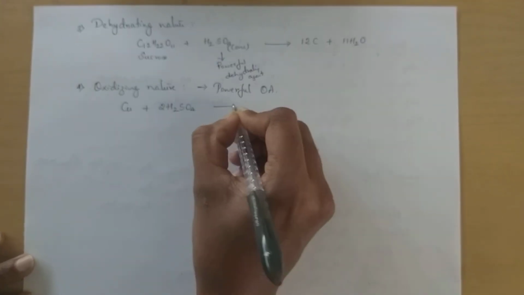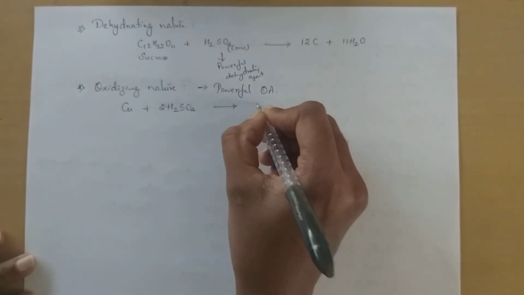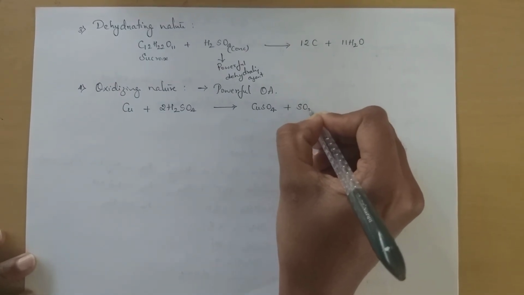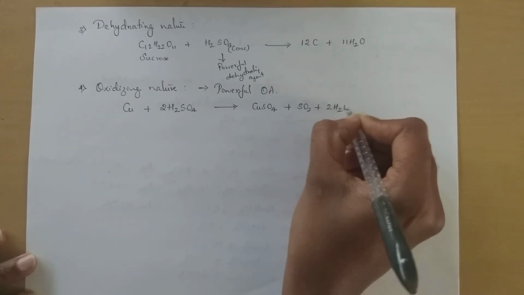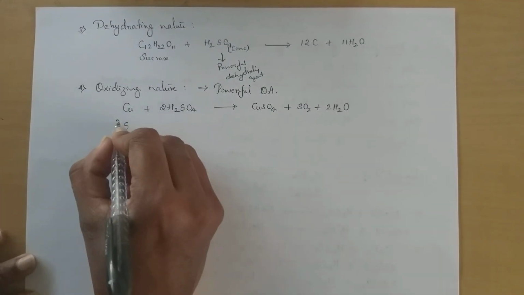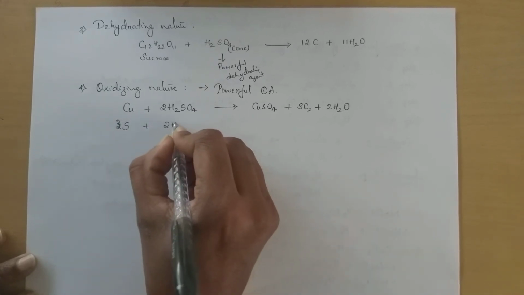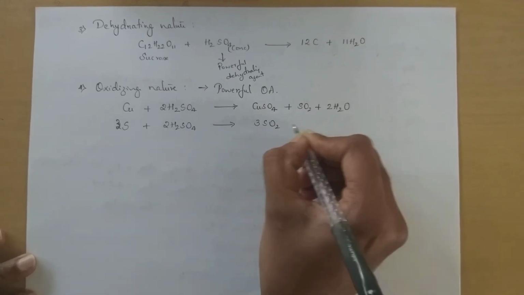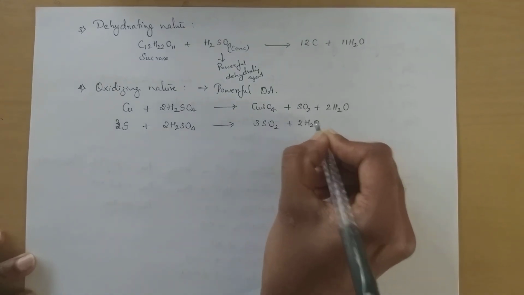Copper gets oxidized in the presence of H2SO4 to form copper sulfate, sulfur dioxide and water. Sulfur reacts with H2SO4 to form sulfur dioxide plus water.